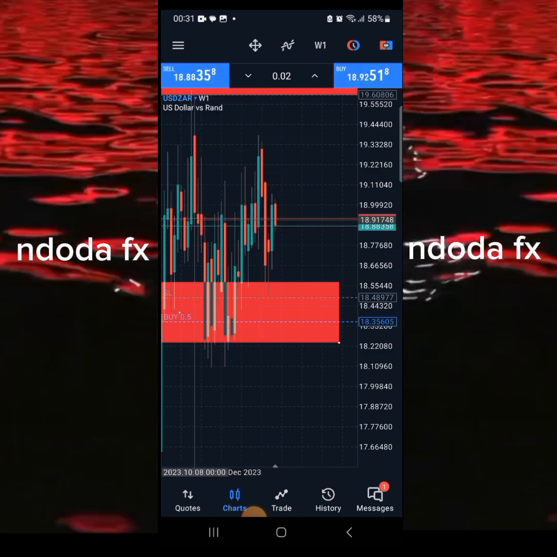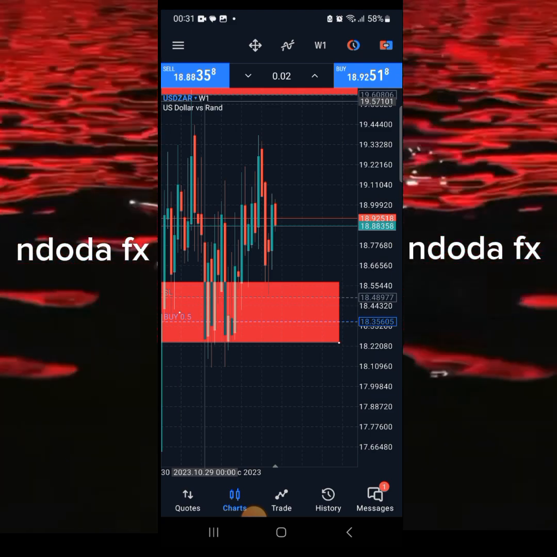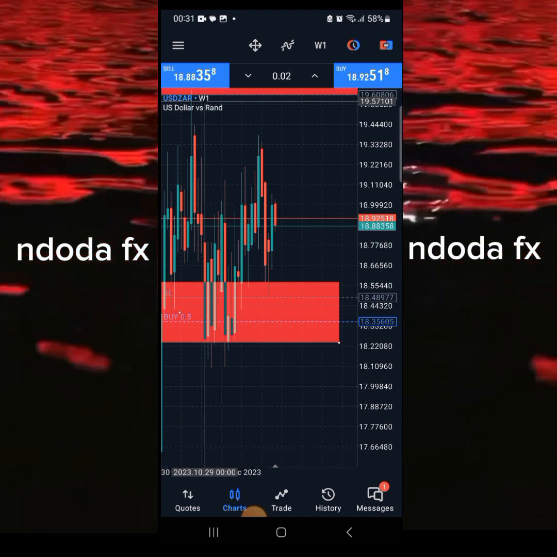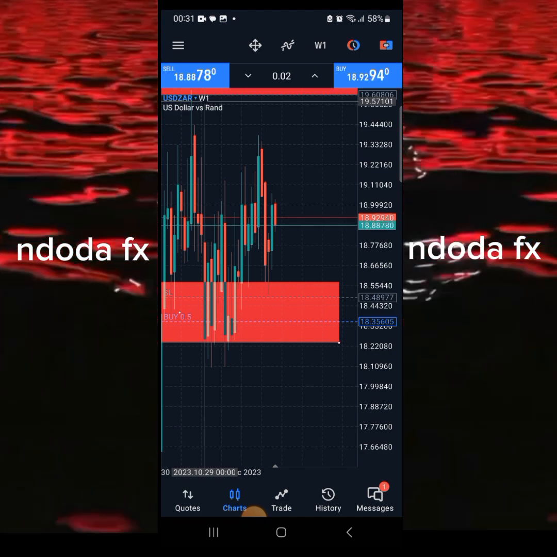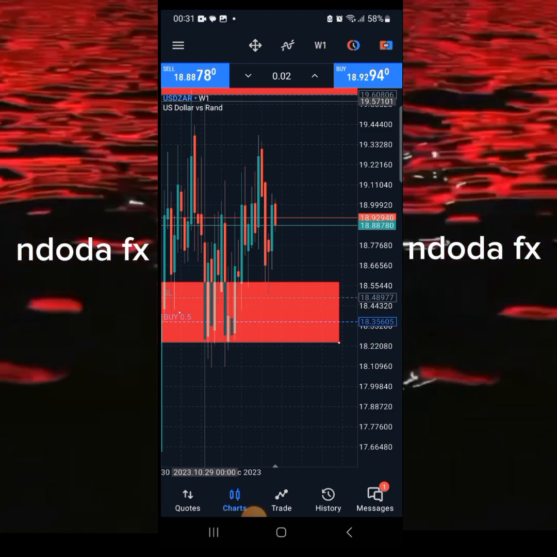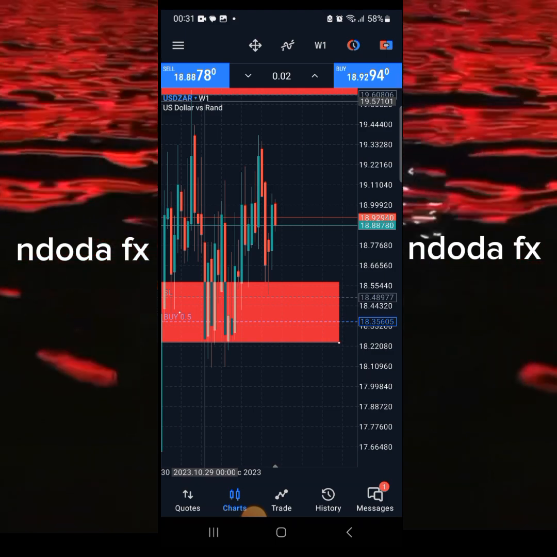USDZAR. I love trading USDZAR because I know so much about the US dollar, and I know so much about the South African rand because I live in South Africa. I was up to date with the news events.